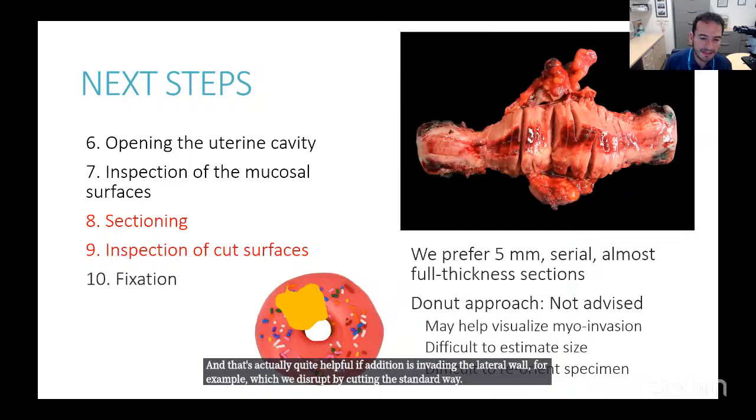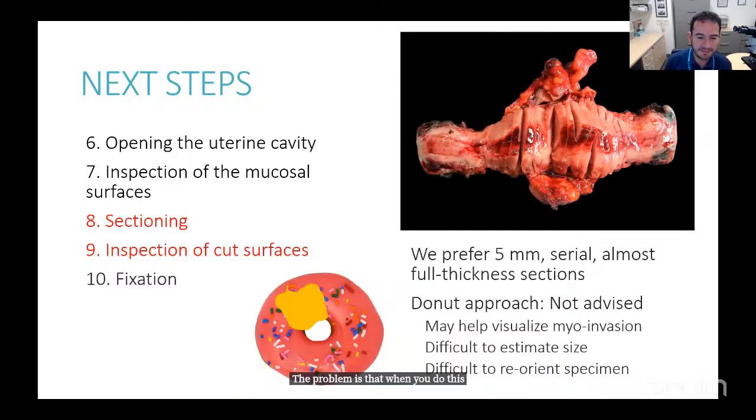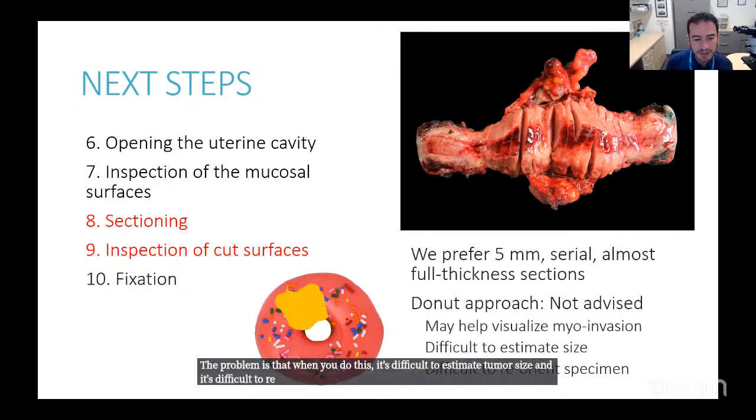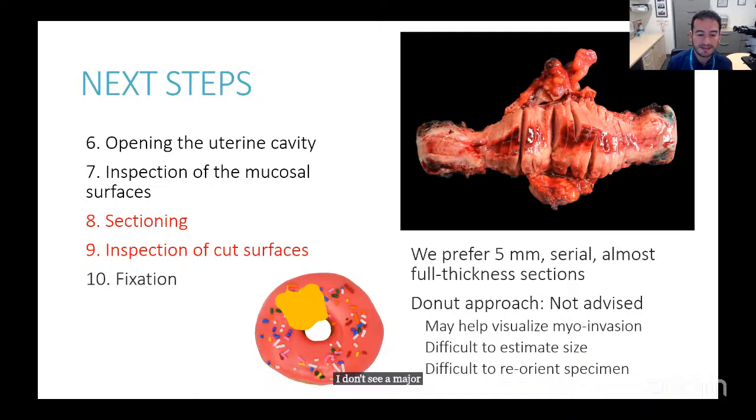The problem is that when you do this, it's difficult to estimate tumor size and it's difficult to reorient the specimen. So for many reasons, I guess, this has not been the recommended approach by most institutions and by most guidelines I'm acquainted with. I don't see a major reason against it, but it may be difficult to provide centimetric measurements, so we don't use it.